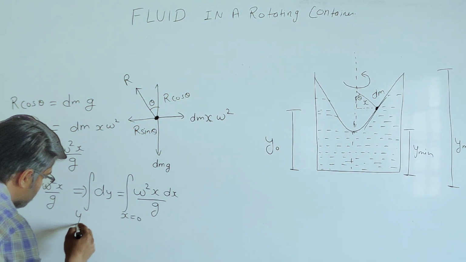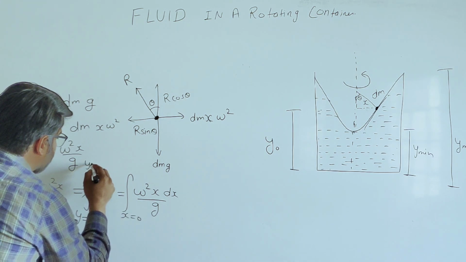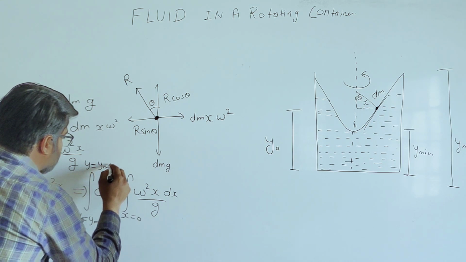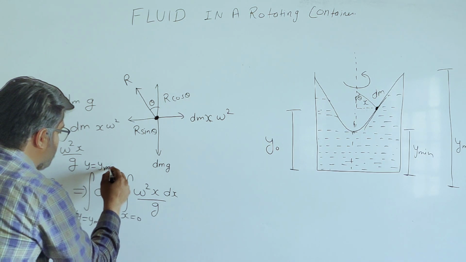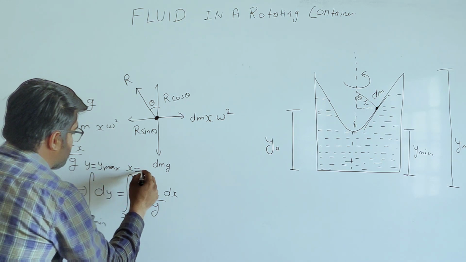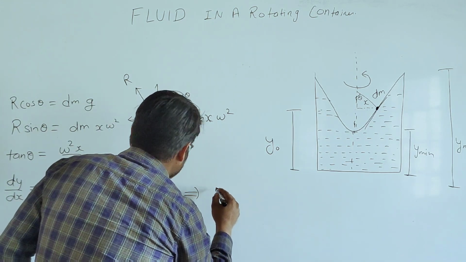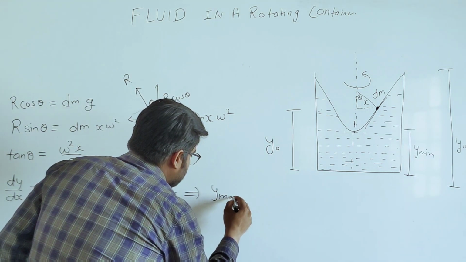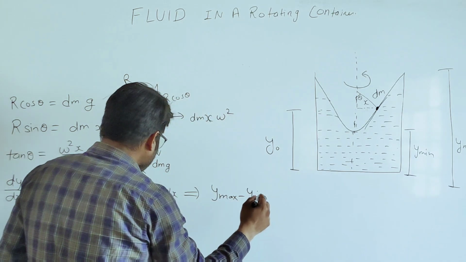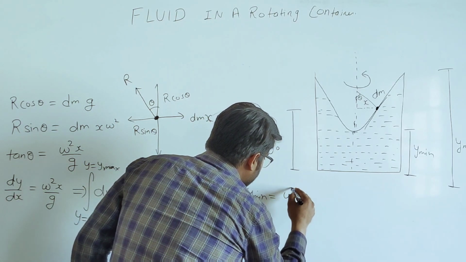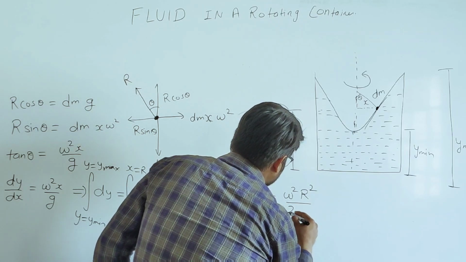So here y is equal to y minimum, and when the fluid is at the top, the value of y is y maximum. In that case x is equal to r. If we integrate this, we have y max minus y min equal to omega square r square by 2g.